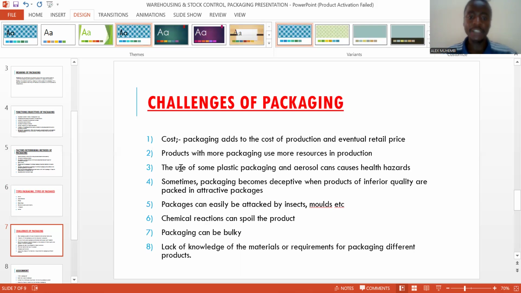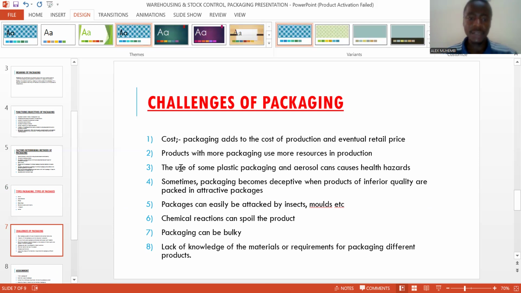Packaging adds to the cost of production and eventual retail price. So packaging is going to add to the cost of production, and this is a challenge because it is making the product or the item to be bought at a higher price.